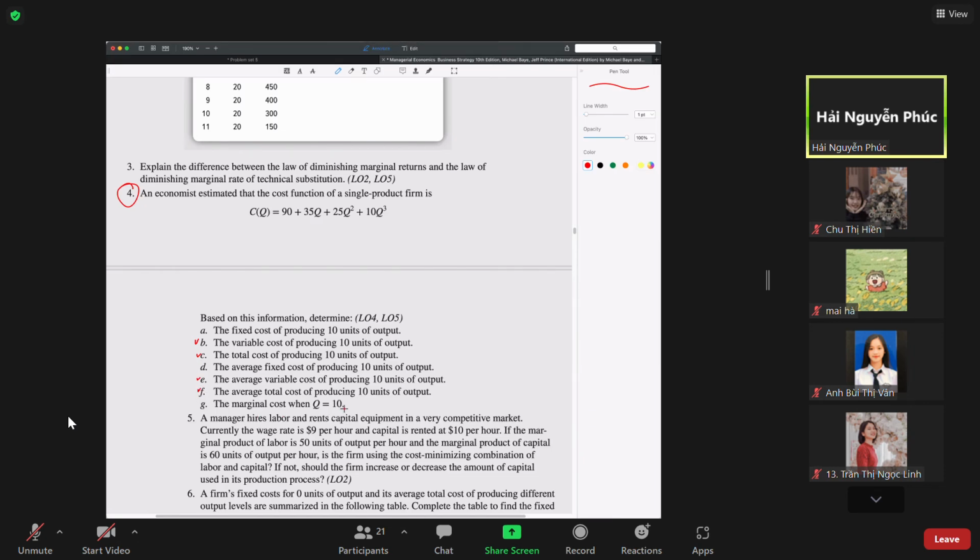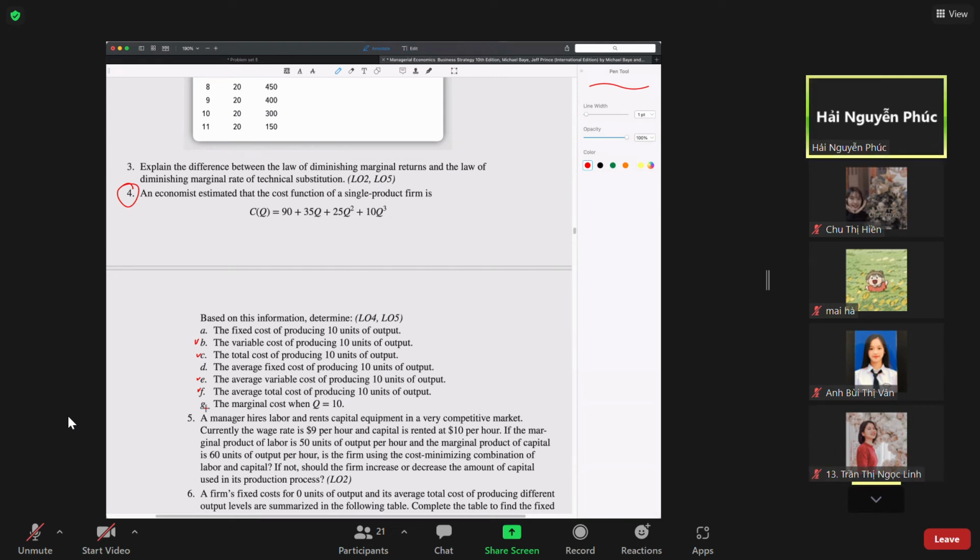And the last one, the marginal cost when Q is equal to 10. What do you think? How would we compute the marginal cost when we have Q equal to 10? Đạo hàm như này. Đúng rồi, lấy đạo hàm.